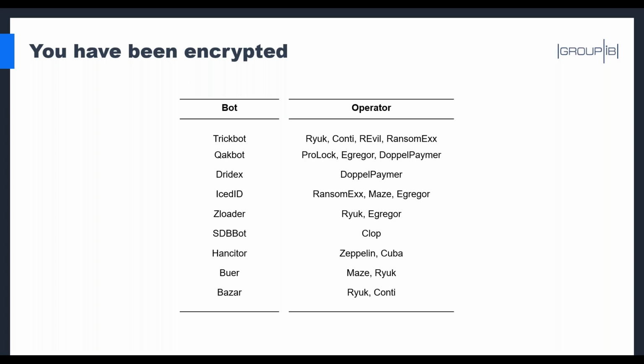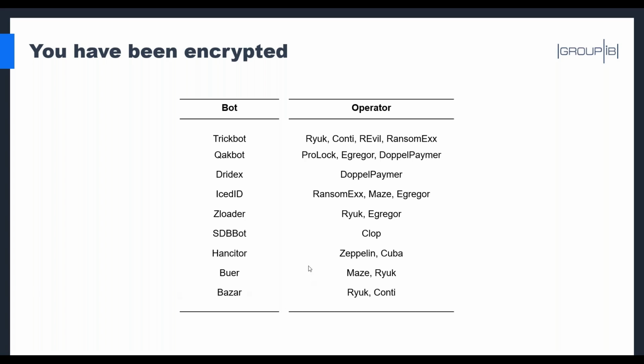But the first step of ransom very often is just usual infection with usual malware, usual trojans. So the first step for us to protect our organization or users is to track infections with the bots.